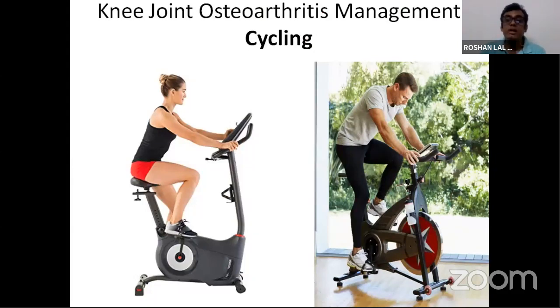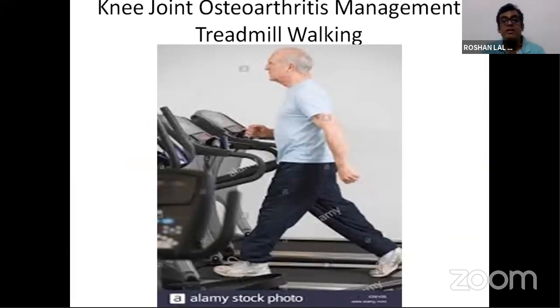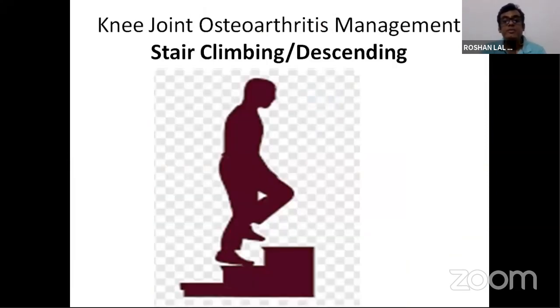Cycling, those who have a static cycle at home, we can recommend this static cycle. And treadmill, stair climbing. Initially, we did not advise stair climbing because there was pain and difficulty in walking and stair climbing. So during the rehabilitation program, our aim was to improve the strength and stability of the muscle.